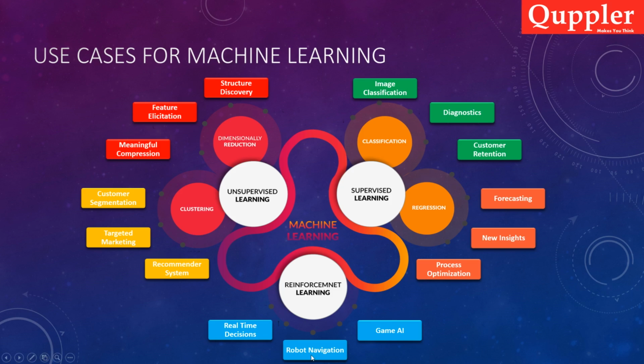Robot navigation and game AI also work highly on reinforcement learning. All right, so these are a few fascinating projects about the use cases of machine learning. As of today, machine learning can be widely applied in almost all scenarios across all domains.